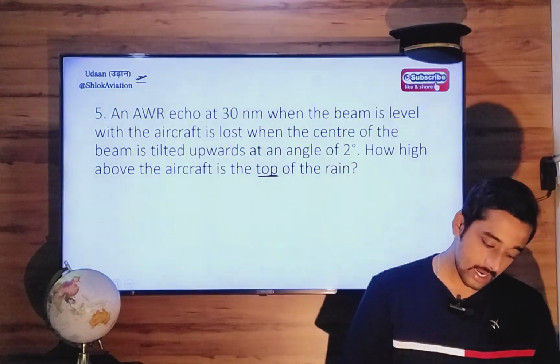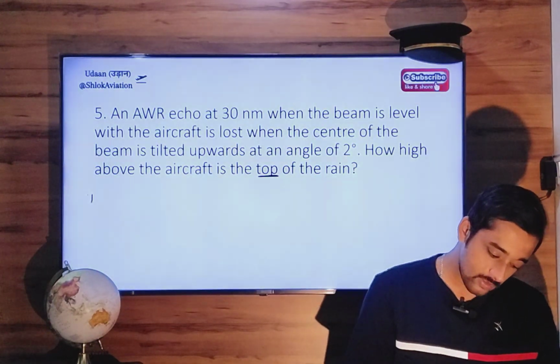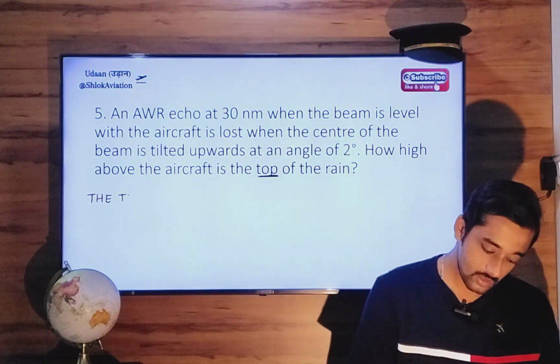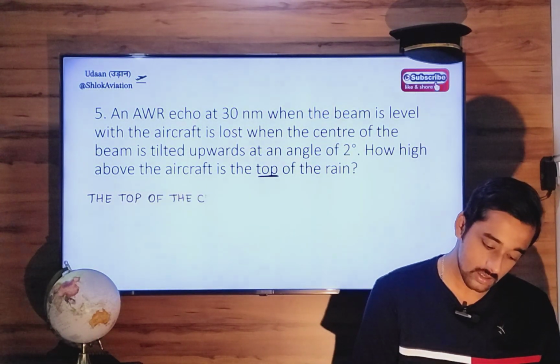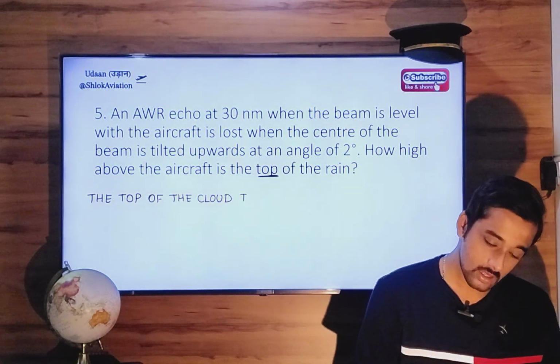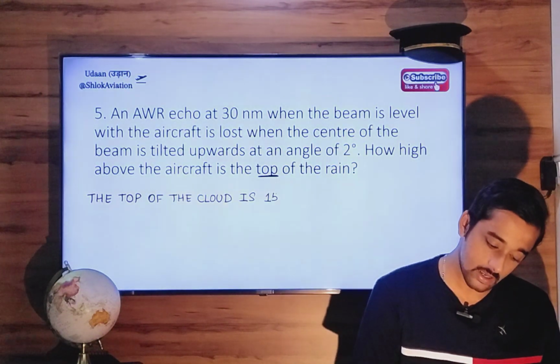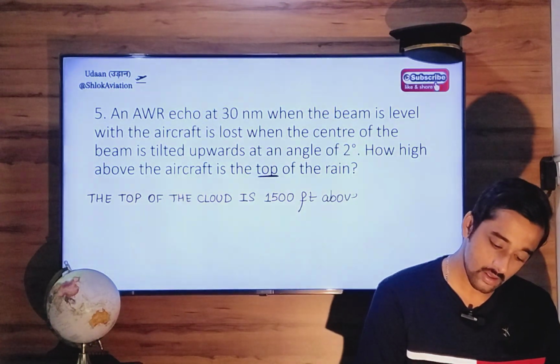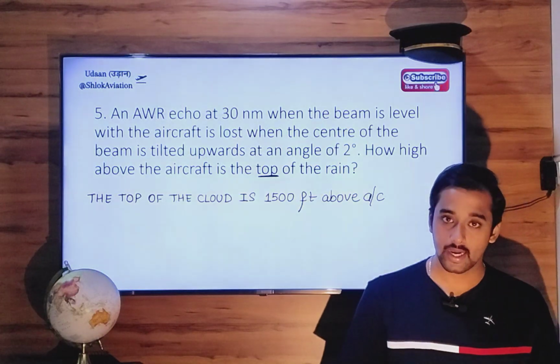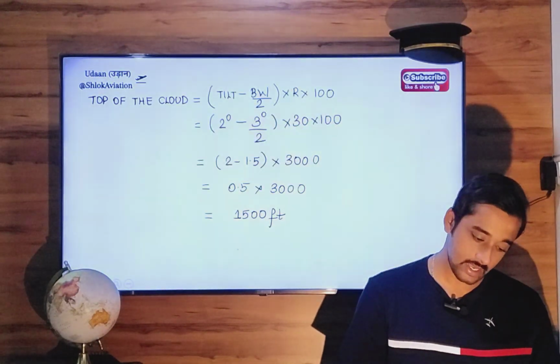So the final answer is the top of the cloud is 1500 feet above aircraft. Simple. Next.